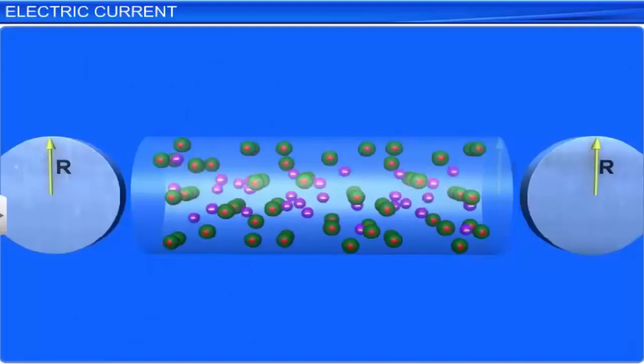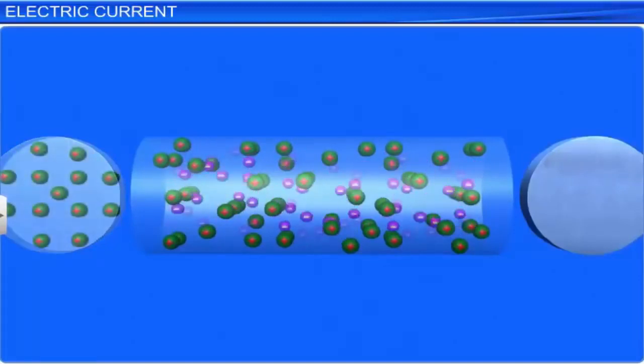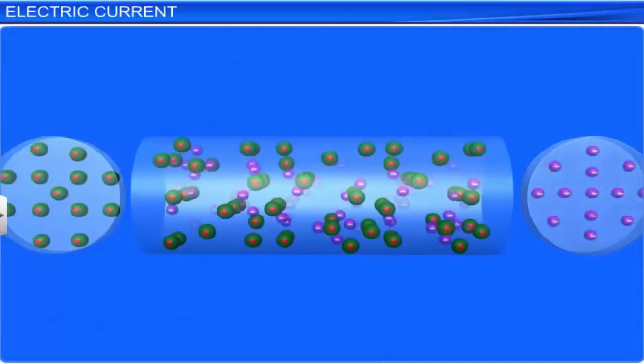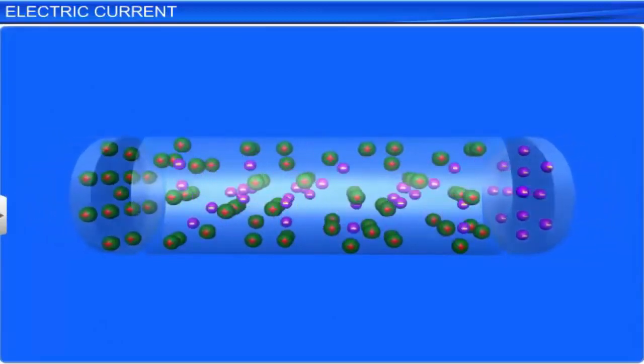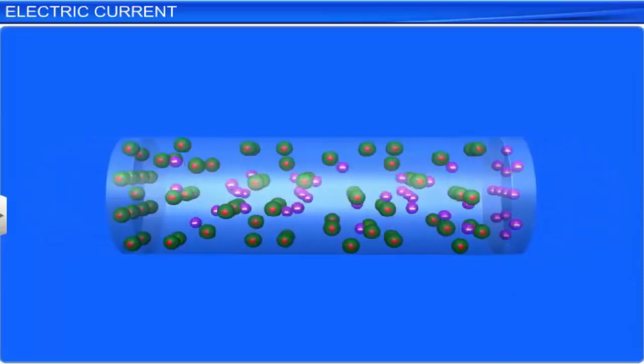There are q positive charges distributed across one of the discs and q negative charges distributed across the other disc. These two discs are attached to the two flat surfaces of the cylinder, creating an electric field which is directed from the positively charged disc to the negatively charged disc.